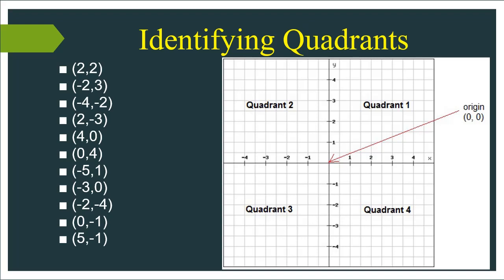Now, in this slide, let us try an example. Here, you need to identify the quadrants of given points. One point to note is you need to focus upon the sign, not the values. For example, the very first point is (+2, +2). Both x and y are positive. You will find both x and y positive in the first quadrant, right? So (2, 2) lies in the first quadrant. Second point, (-2, 3), its x is negative and y is positive.